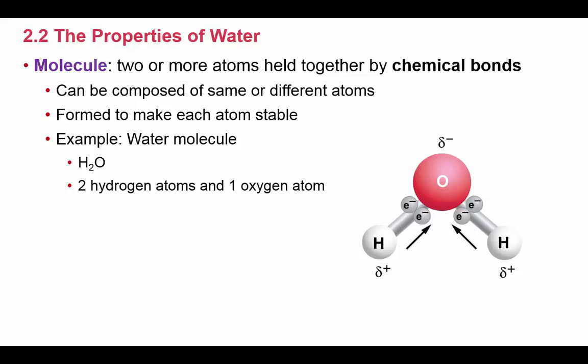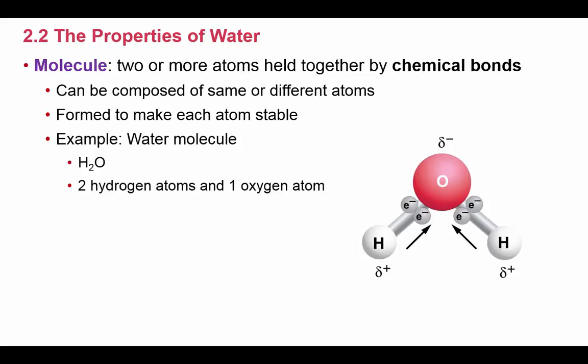Now, why in the world does this matter? Well, one of the big things that we're going to look at in this section is a molecule. Molecules are 2 or more atoms held together by chemical bonds. And we're going to learn a little bit later on that what actually allows certain atoms to bind together deals with the number of electrons that they have. Again, we'll deal more with this in the next section. But a molecule, 2 or more atoms, are held together by chemical bonds.